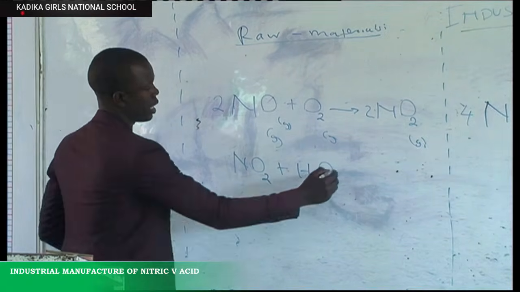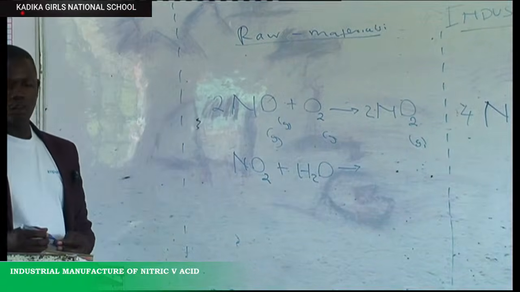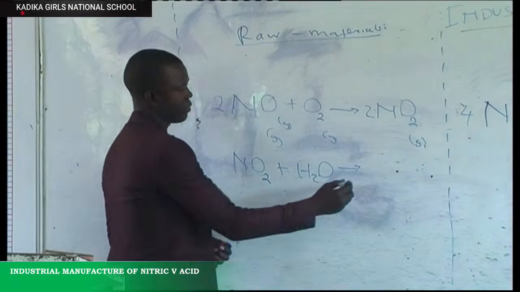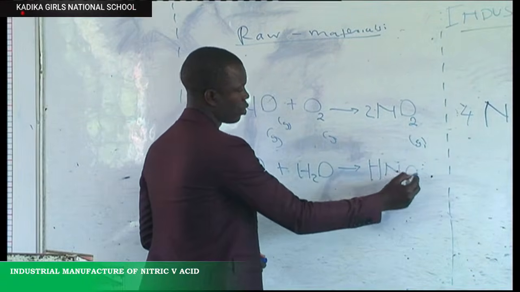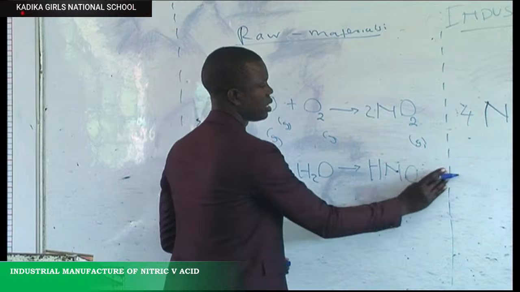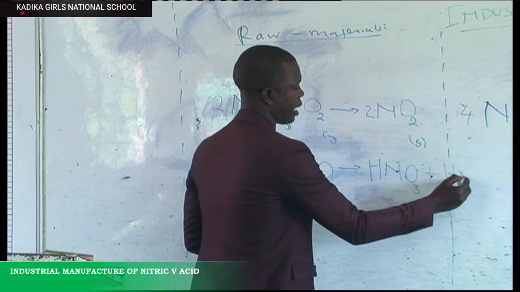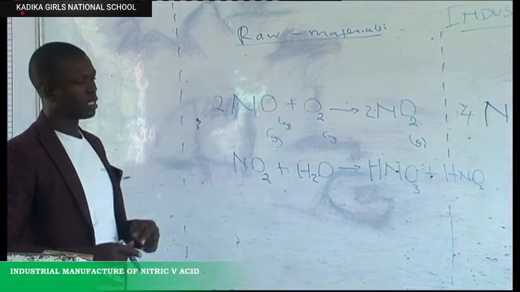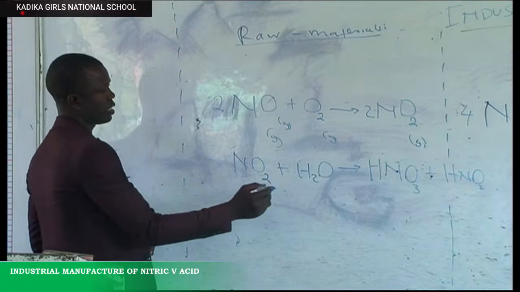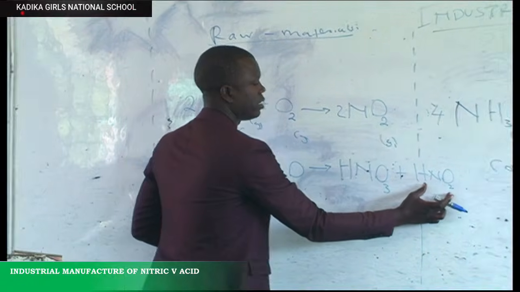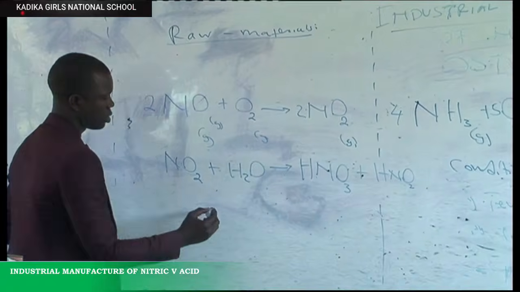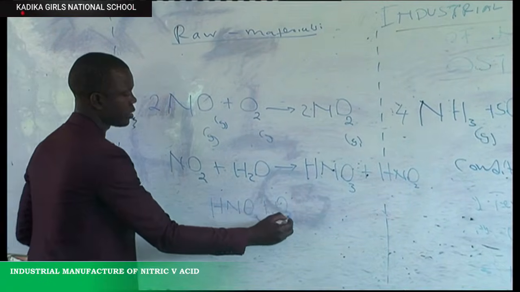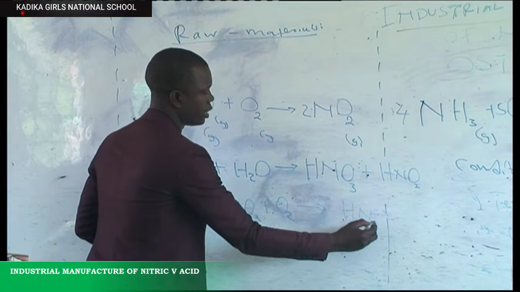We are going to react that nitrogen 4 oxide with warm water to form nitric 5 acid and nitric 3 acid. The nitric 3 acid formed will be oxidized further to form nitric what?